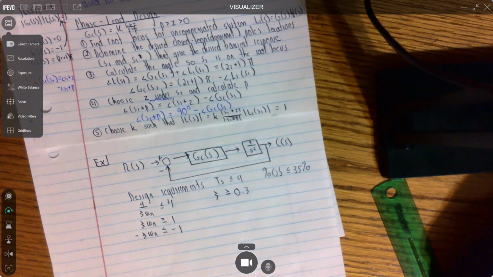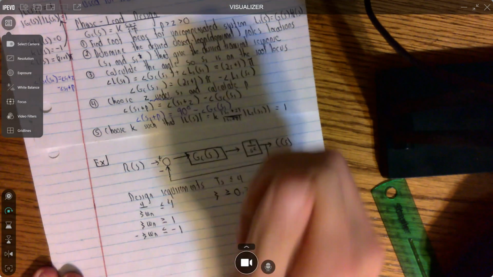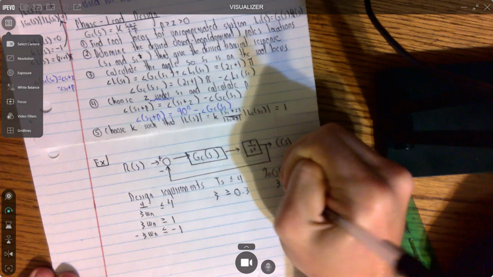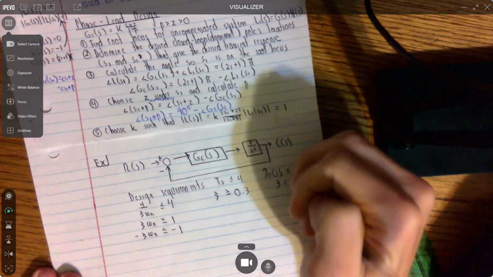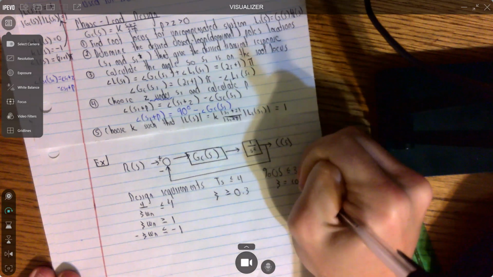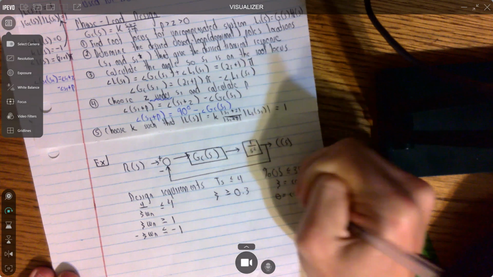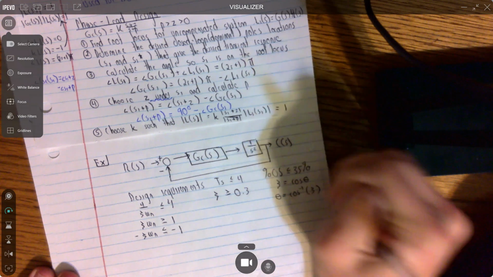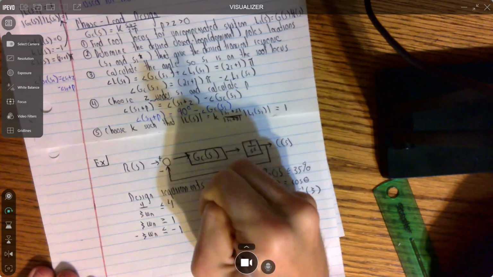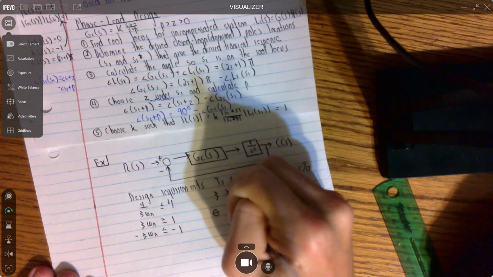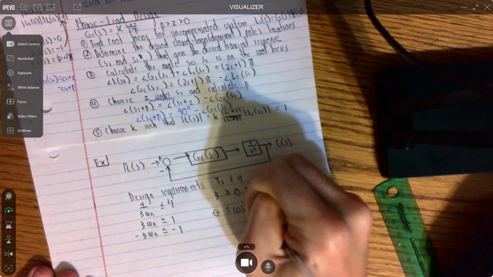And then remember, your zeta is equal to your cosine of theta. So if you solve for theta, that's equal to cosine inverse of zeta. So right here, your theta has to be less than or equal to cosine inverse of 0.3.